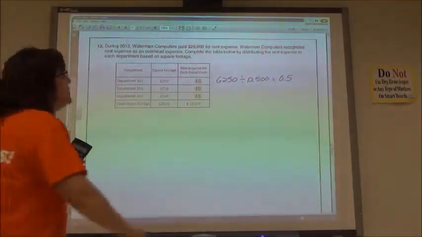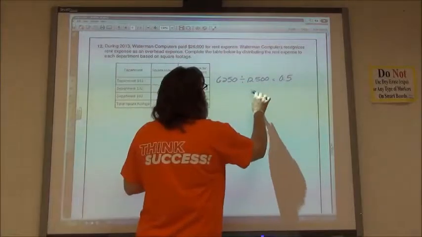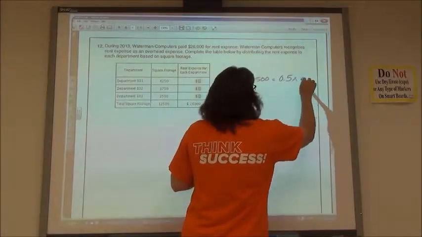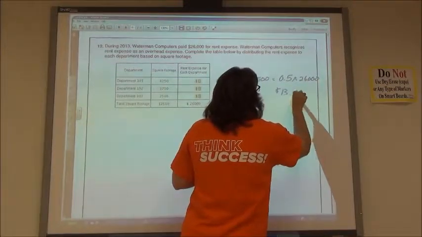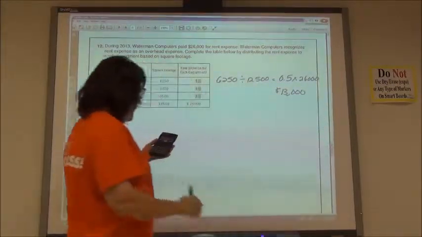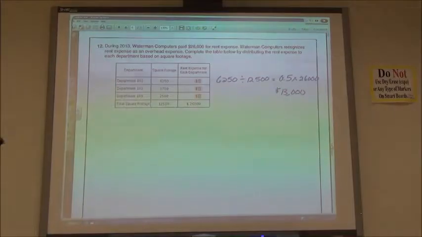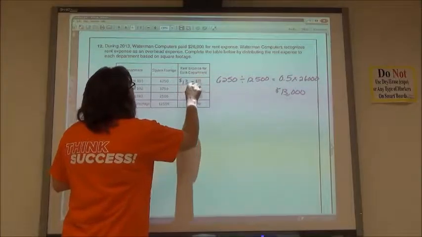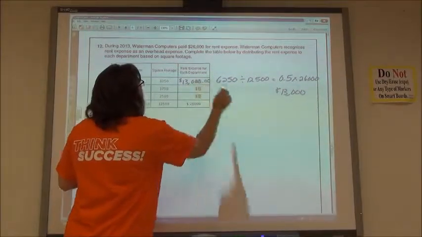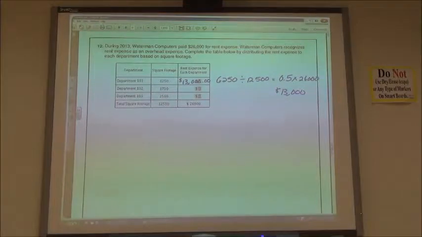So therefore, they're going to be charged 50% of the rent expenses. So 50% of 26,000 is going to be 13,000. And so their portion of the rent, $13,000. They had to pay for half of it.